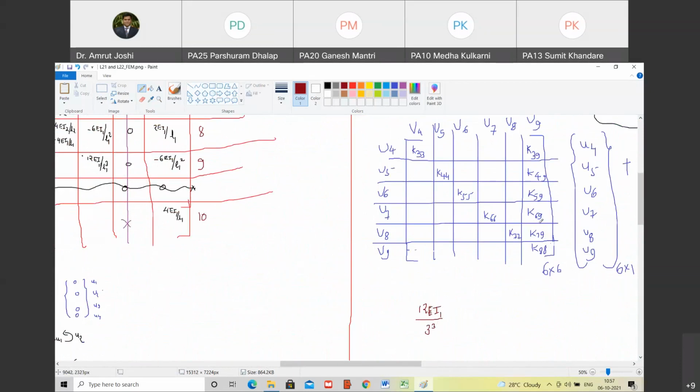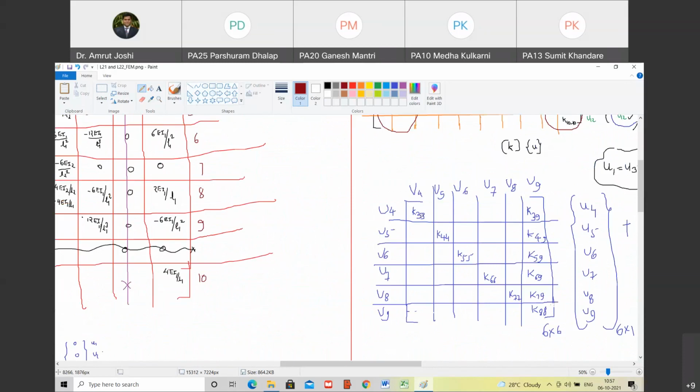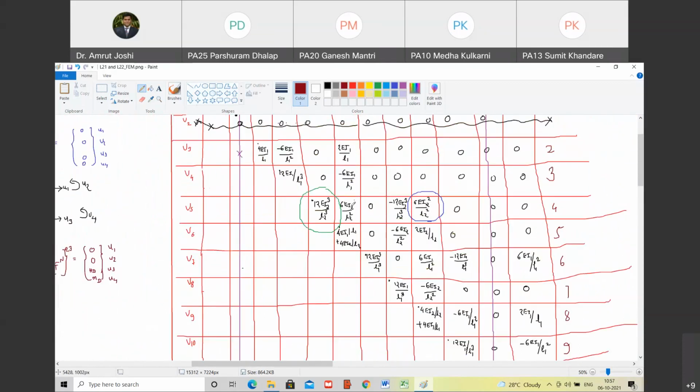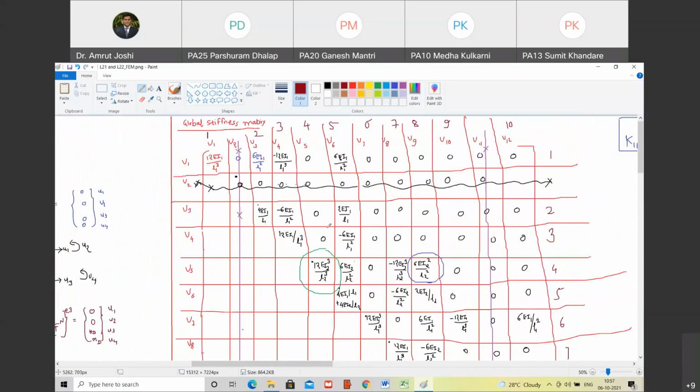Yes, sir. Now, if this is K33, then this element is K34. Do you agree with me? Yes, sir. What is K34? So this is next element in the line. K34, third row, fourth column element. That is 0. Happy? Yes, sir.